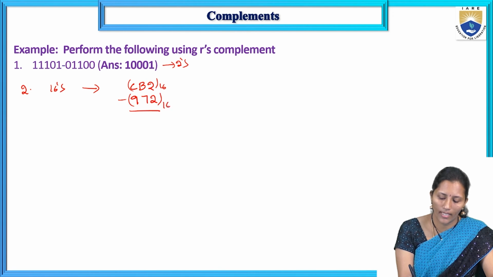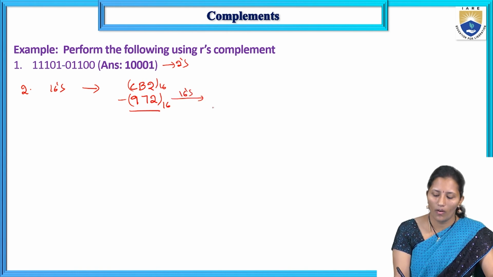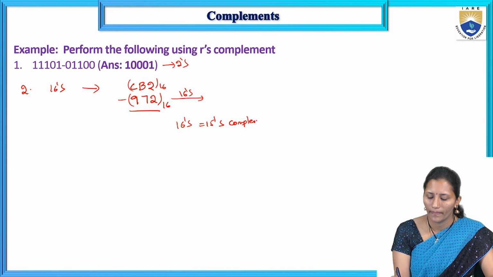Both are hexadecimal numbers. To perform the hexadecimal subtraction, first we have to find the 16's complement of 972. We get the 16's complement as the 15's complement plus 1.